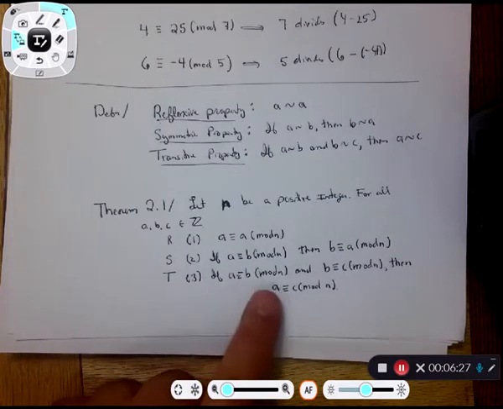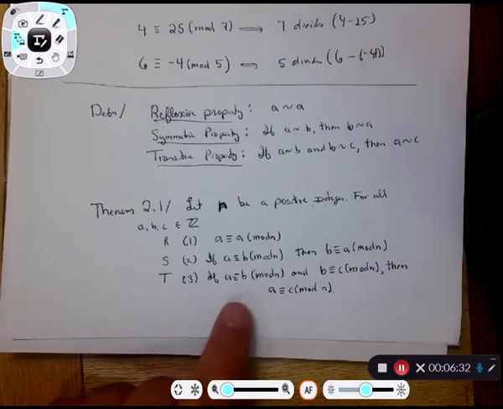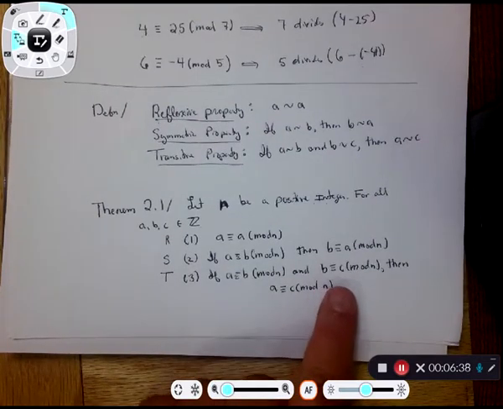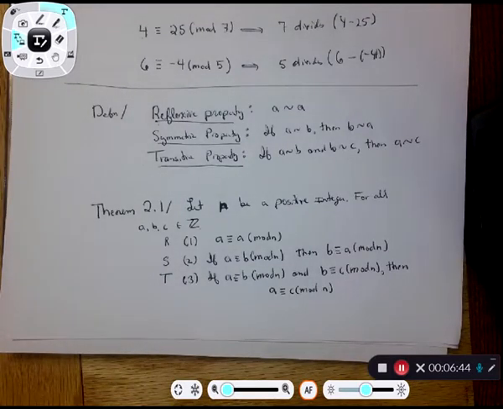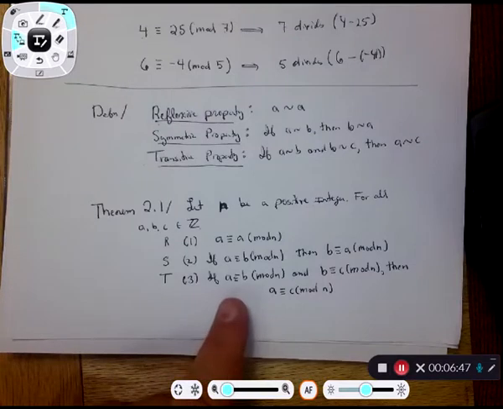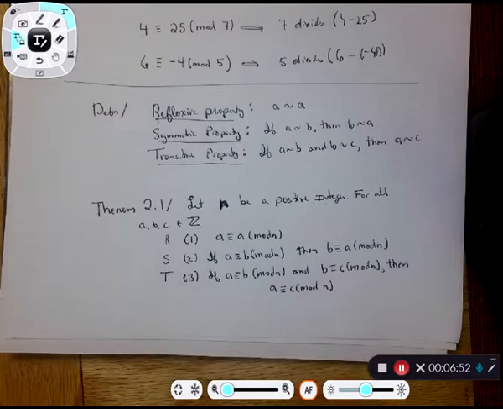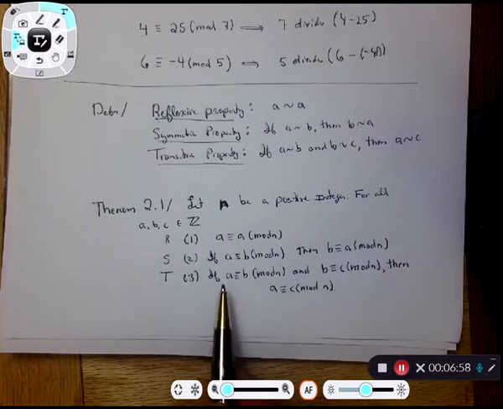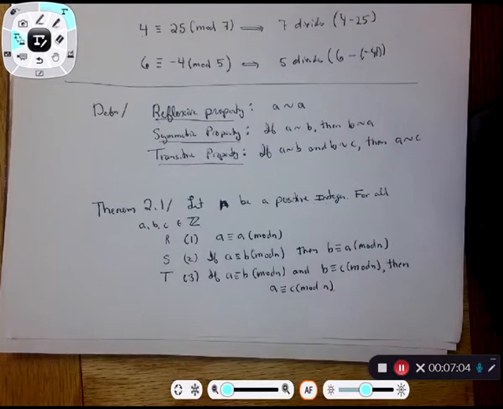If A is congruent to B mod n, remember, if means given. So you're given A is congruent to B mod n. That means n divides A minus B. You're also given that B is congruent to C mod n, which means by definition of congruence modulo n, n divides B minus C. So I've got n dividing A minus B and n dividing B minus C. So if I add these two together, I'll get A minus B plus B minus C, which is A minus C. And if n divides two parts, then n is going to divide the sum and difference.